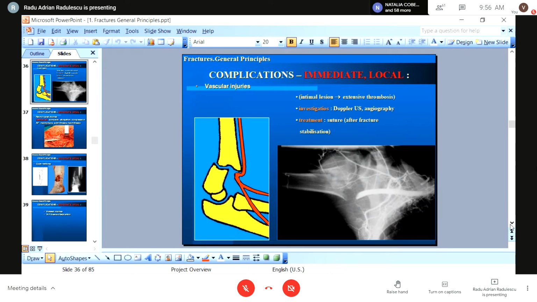Immediate complications, local. For example, the most feared of them are the vascular injuries.